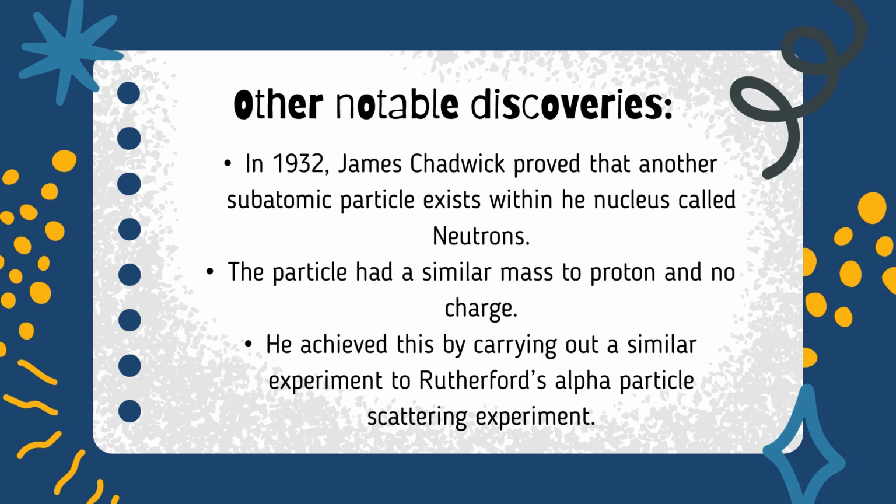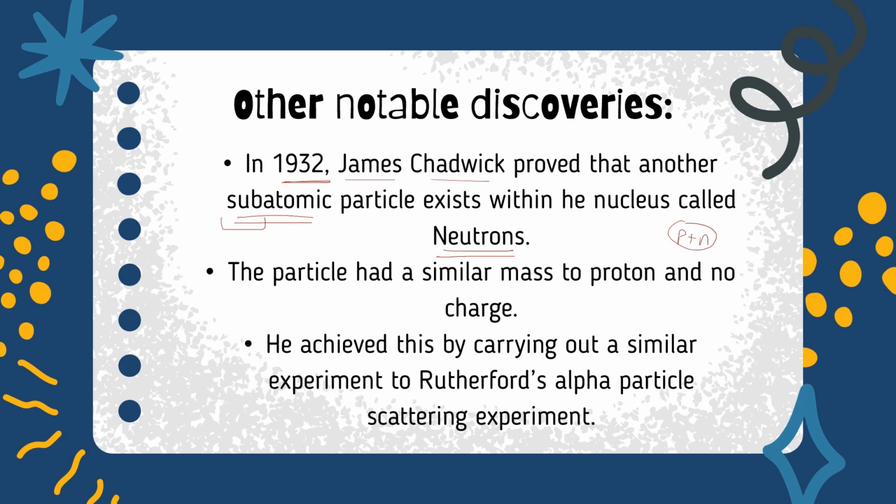Other noticeable discoveries: in 1932, James Chadwick proved that another subatomic particle, subatomic meaning smaller than an atom, exists within the nucleus, called the neutron. Now, the nucleus has protons and neutrons in it.